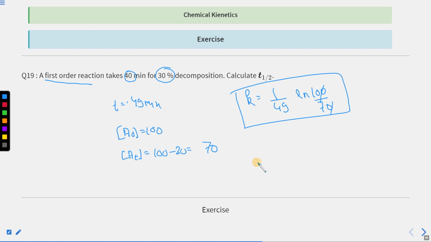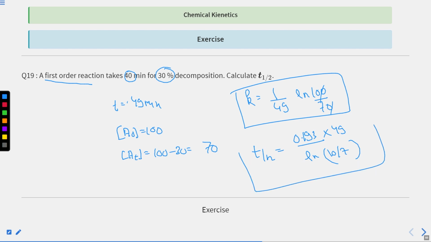Then T half is nothing but 0.693 divided by K. Here it will be ln 10 by 7. So this will be our T half.